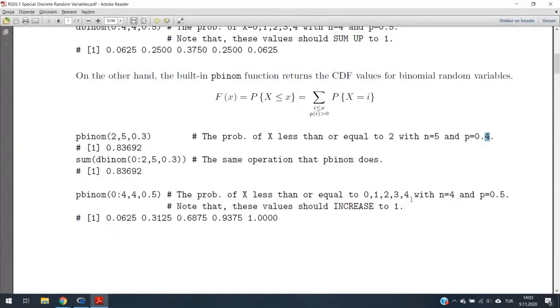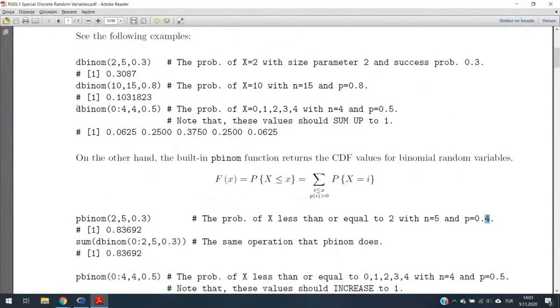Now, let's say that this time, instead of the probability mass values from 0 to 4 for a binomial random variable with size parameter 4 and success probability 0.5, we would like to calculate the cumulative probabilities. The cumulative probability at 2, for example, which is the probability of this random variable to be less than or equal to 2, includes all these 3 probability mass values, because 0, 1, and 2 are less than or equal to 2.